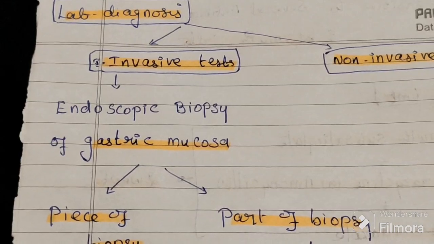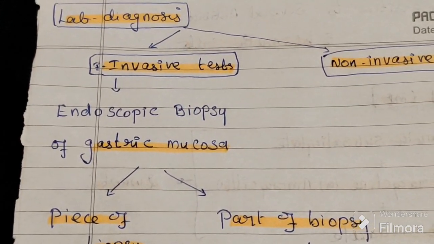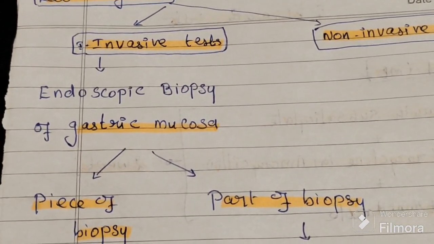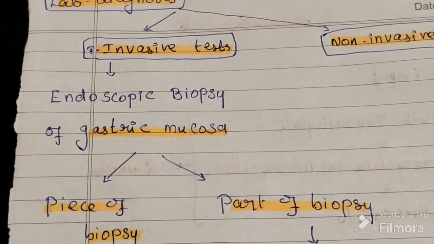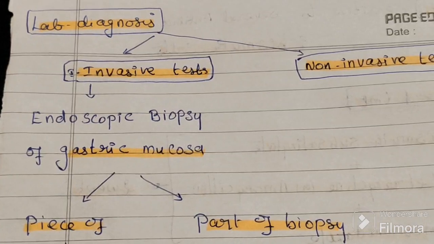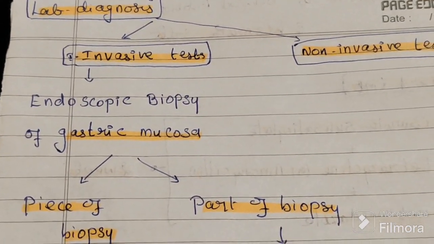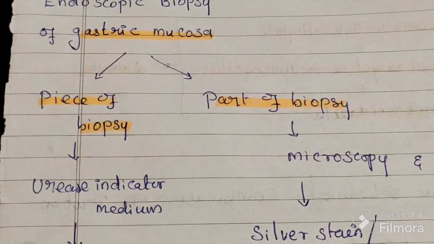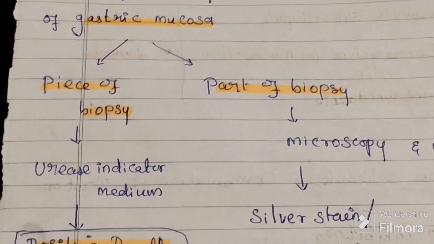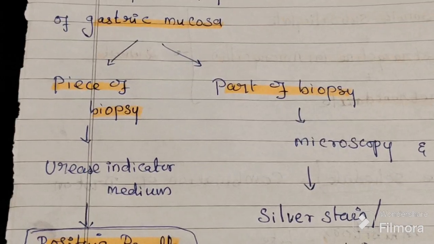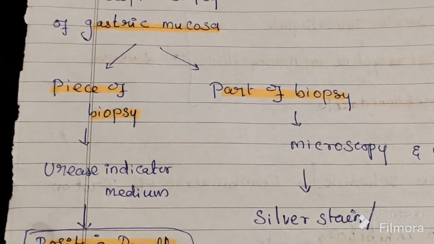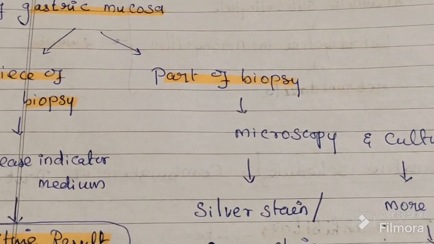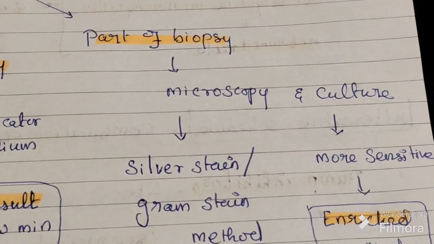Here an endoscopic biopsy of gastric mucosa is taken, which is sectioned into two components. One piece of biopsy is put into urease indicator medium, which gives a positive result within a few minutes. The second part of the biopsy is used for microscopy and culture.